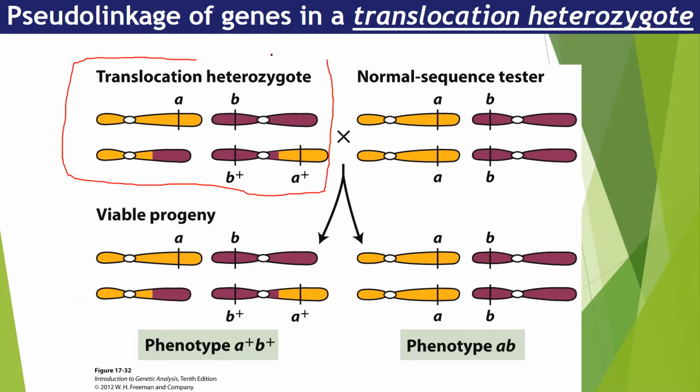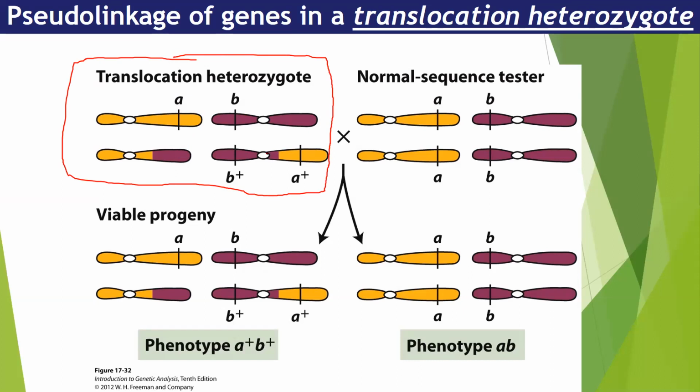parent, right? Initially, these two genes A and B are in a standard situation. These two genes should be located on different chromosomes. They are unlinked.